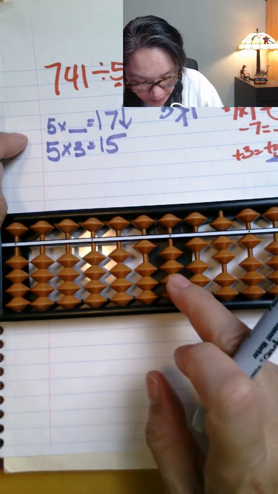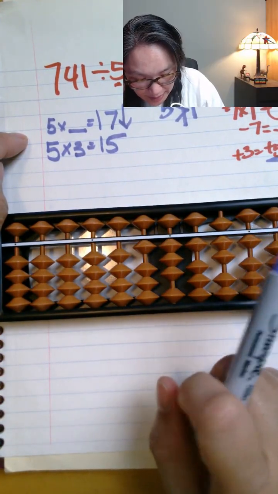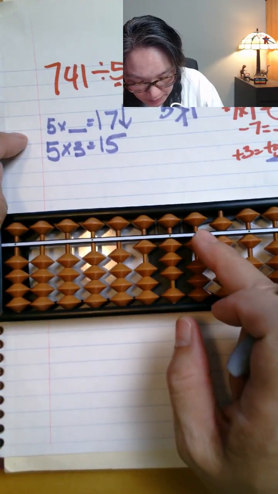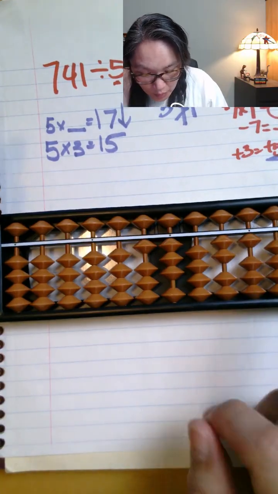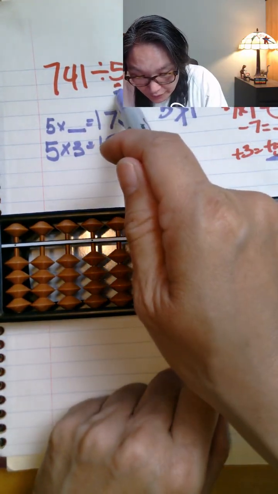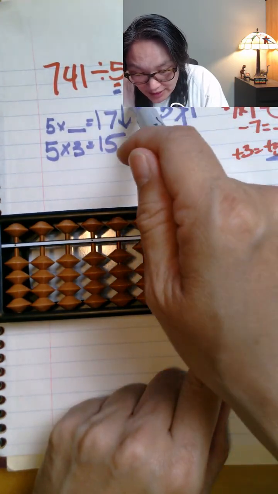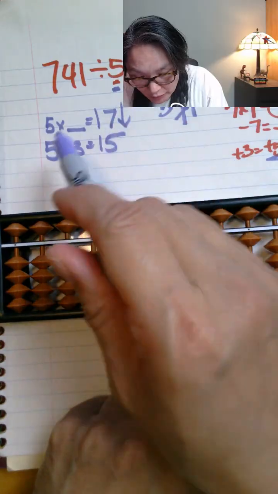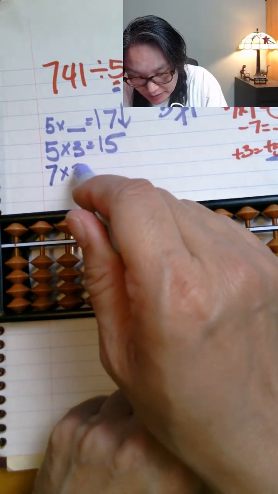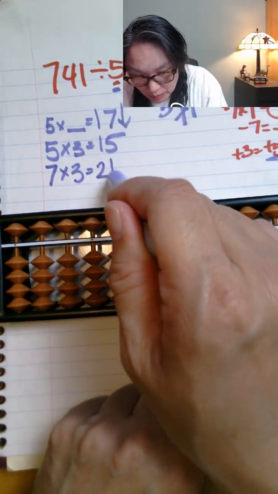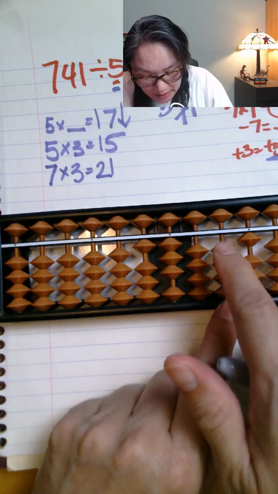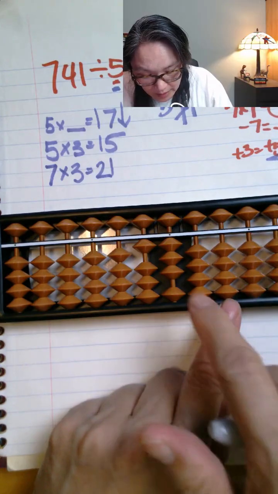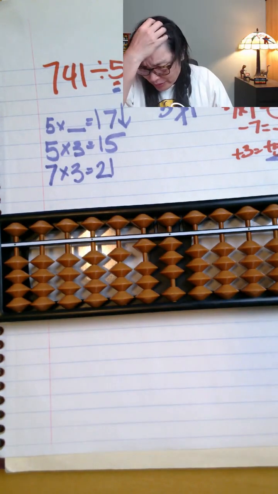I add 3 on my abacus. I take away 15. Take away 1, take away 5. Whatever I do to the 5, I got to do to the 7. So afterwards, 7 times 3 is equal to 21. Take away 20, take away 1. My answer is 13.